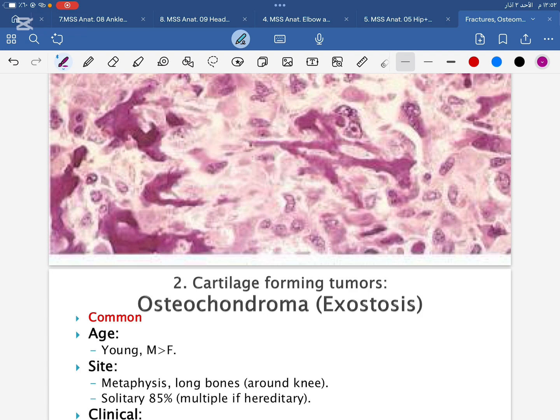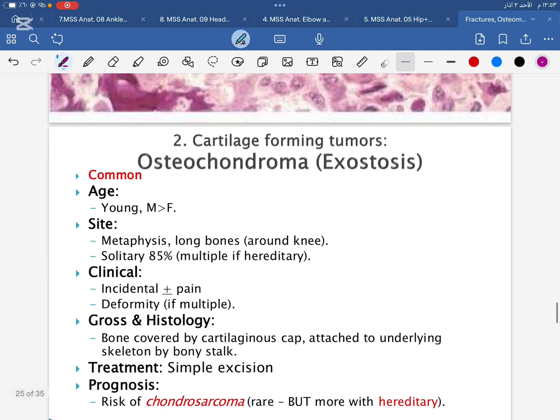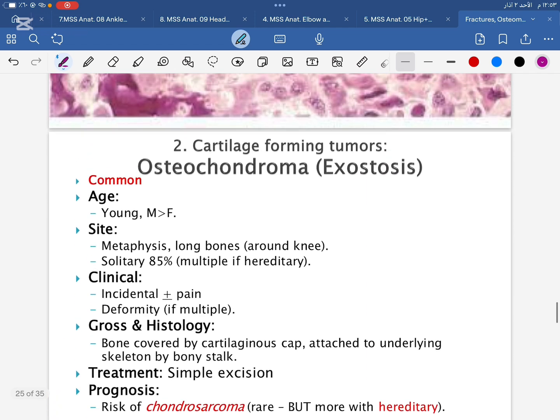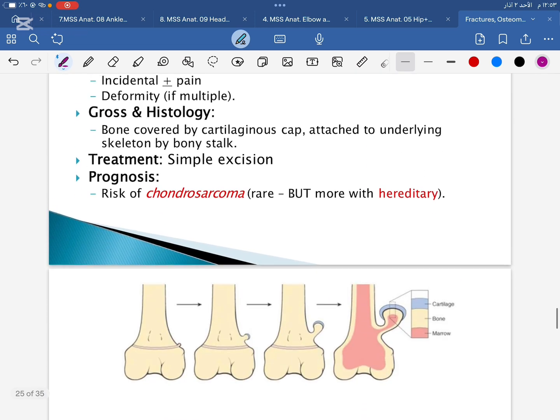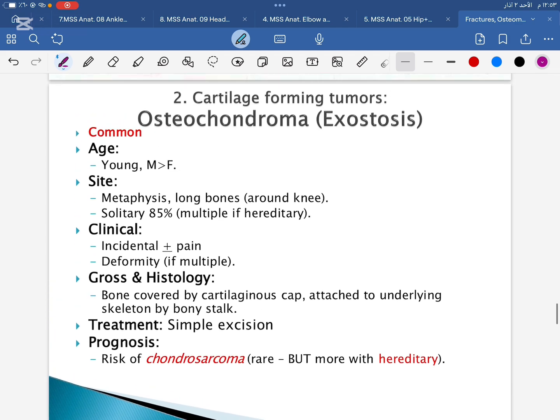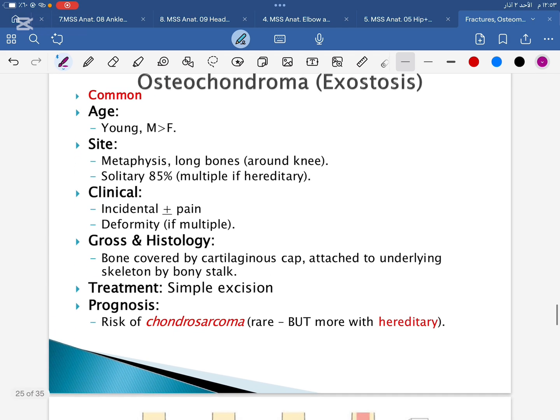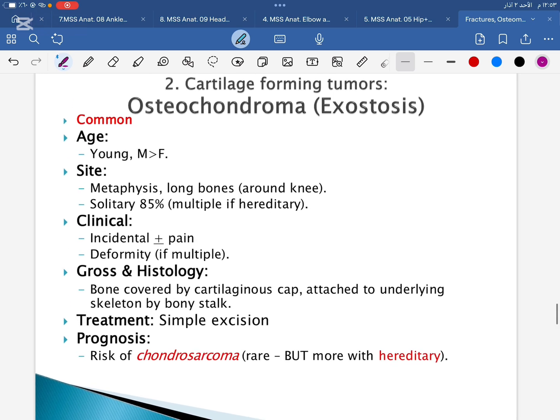Now the cartilage forming tumors. We will talk about osteochondroma, also called exostosis. Osteochondroma, from the name, has an osseous bony part and a chondro cartilaginous part. It usually has the shape of what? Mushroom-like. We call it a mushroom lesion.